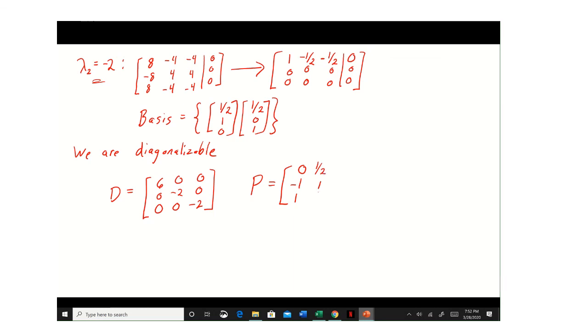We put in the two basis vectors, and there is our matrix P. So again, we are diagonalizable, and here is our diagonal matrix and our matrix P.